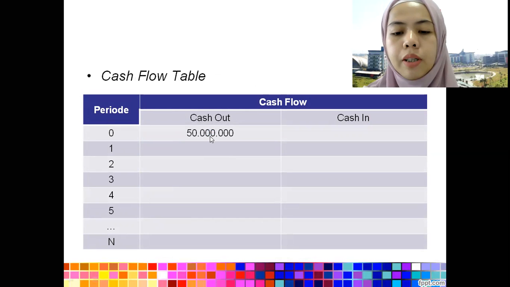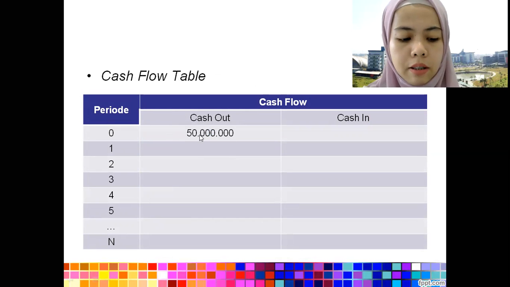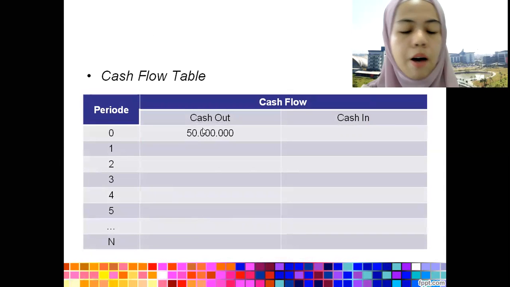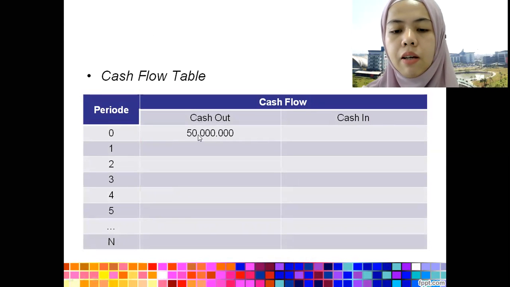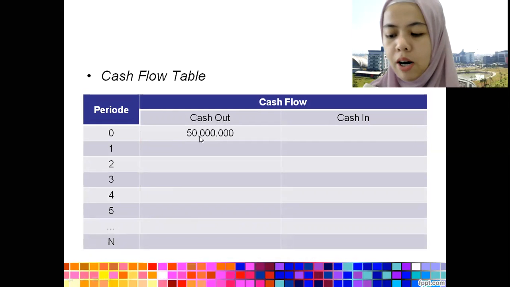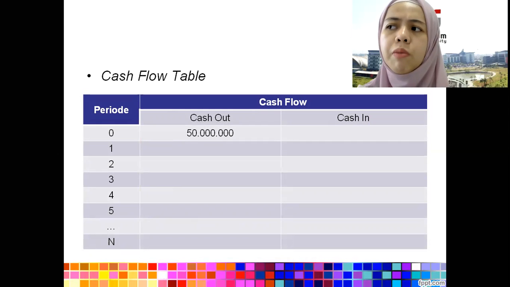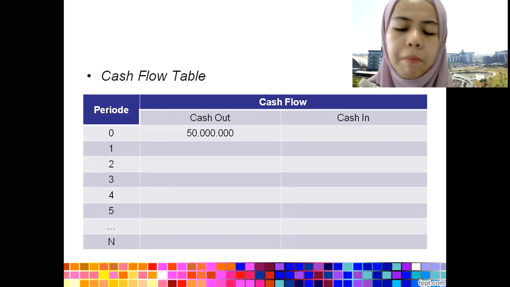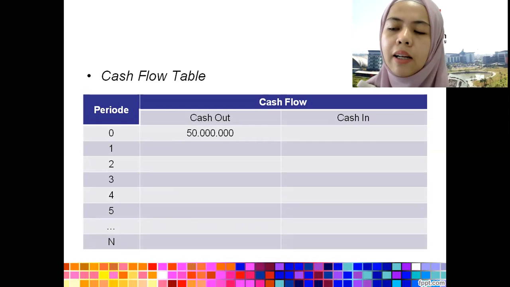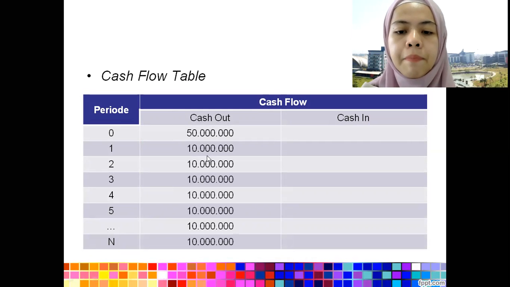This is the price of our machine, which is 50 million rupiah. And you have to wait a little bit longer. The annual benefit and also the annual cost will happen at the end of the period, written at the last transactions.